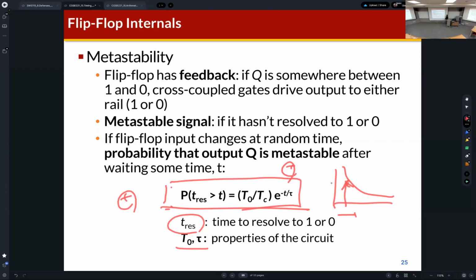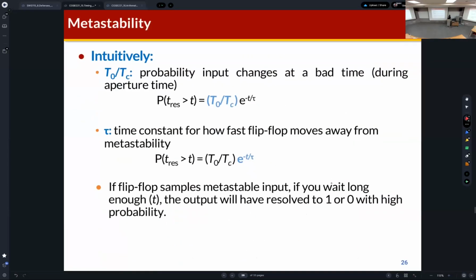It's not easy to understand this function, the analog circuit, but we can intuitively understand the meaning of these variables. So in this equation, TC is the clock period, and T0 is divided by the clock period.